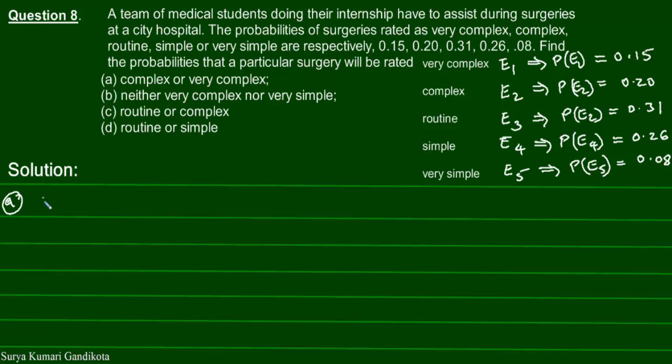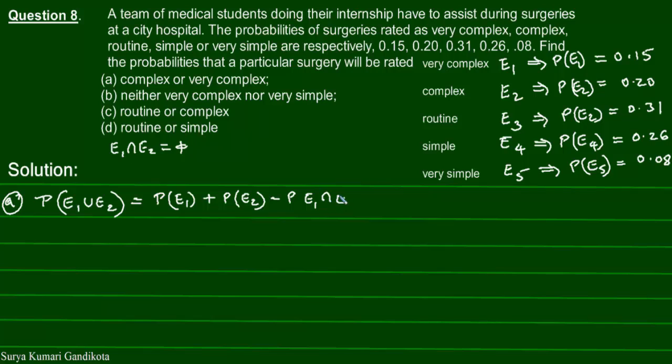So, we want the probability of complex or very complex. That means we want the probability of E1 union E2. Note that E1 and E2 are mutually exclusive. Therefore, E1 intersection E2 is empty, so the probability of this is 0. Now, by the addition theorem, P of E1 union E2 is equal to P of E1 plus P of E2 minus P of E1 intersection E2.